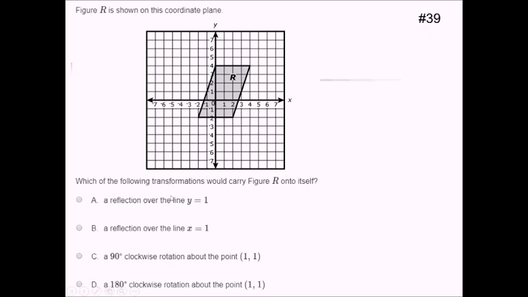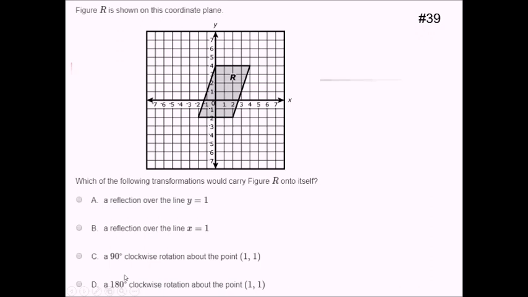So it's not choice A. Choice B, reflection over x equals 1. That's reflecting over this vertical line here. That would bring this point over here, which again would make things look different. 90 degrees clockwise rotation about 1, 1. So that would bring this point over here somewhere, which is going to look different.